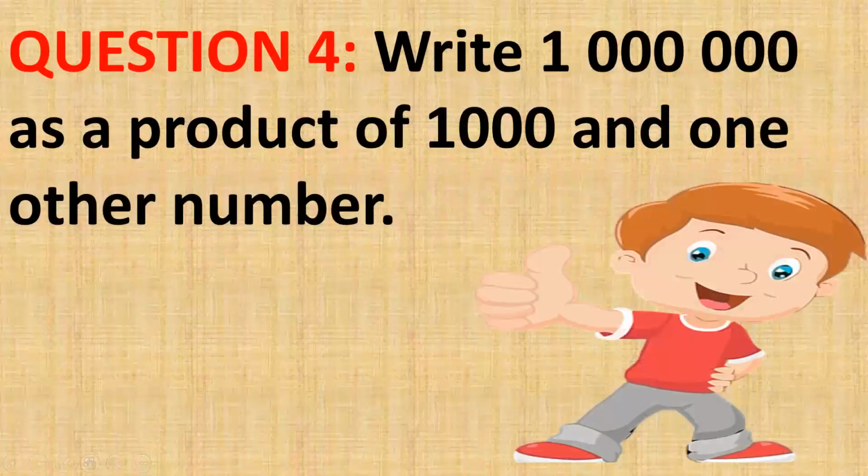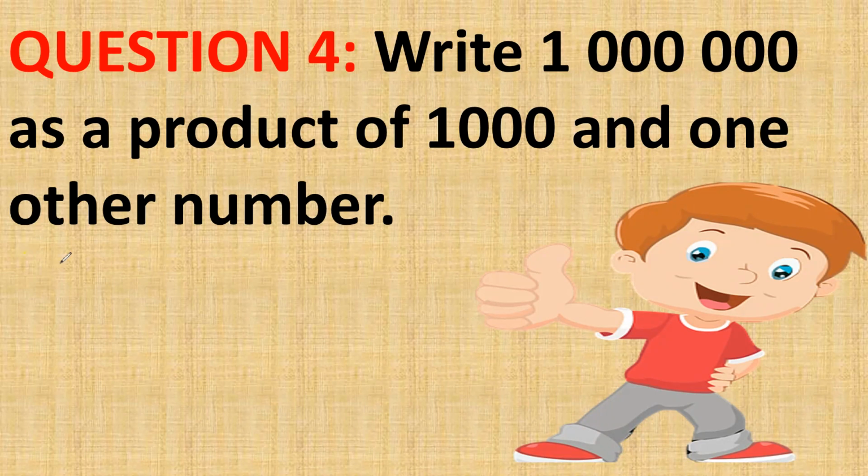So write 1 million. So now you are getting it. I hope you are getting it now. So you know what you are going to do. 1 million divided by 1000, you are getting another number, and then you are writing a multiple of 1000 and another number. So let's change our color.